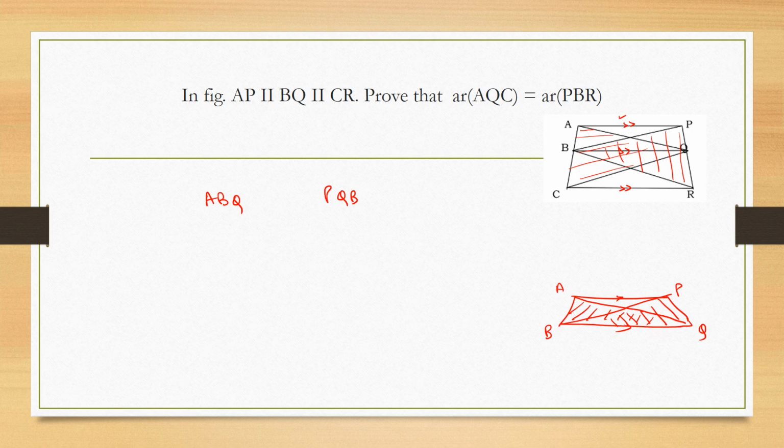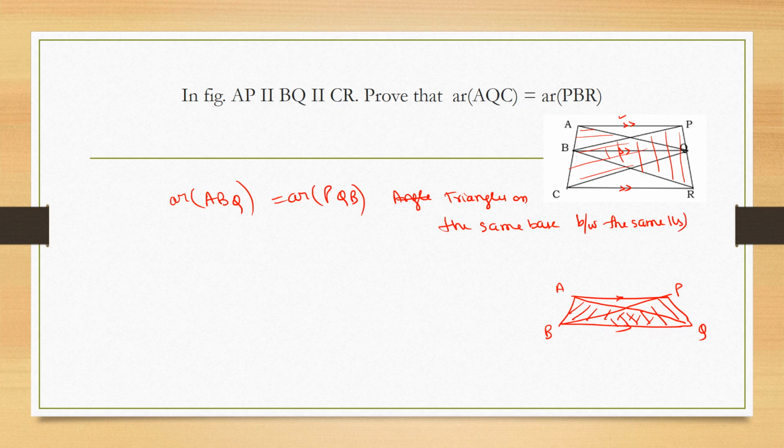Yes or no? So I'll say that the area of these two triangles will be equal. Why? Triangles on the same base between the same parallels have the same areas.